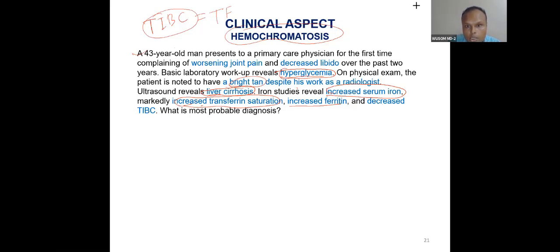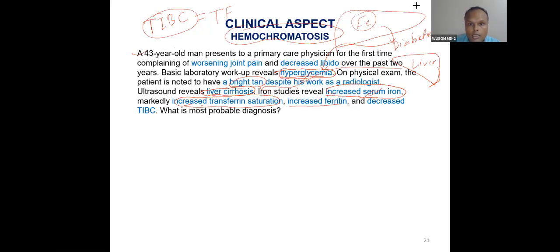So remember, this is iron overload in visceral organs. Iron overload in the pancreas will cause diabetes and hyperglycemia. Iron overload in the liver will cause liver cirrhosis.